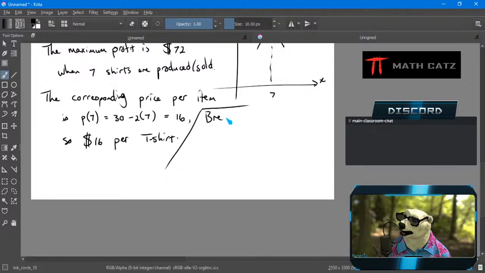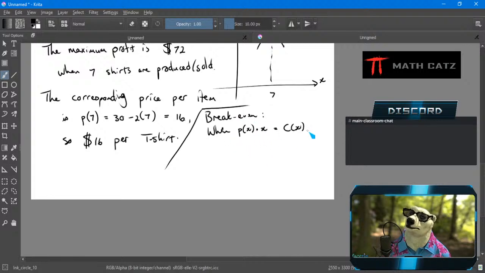So my break-even point is when my revenue, which is little p times x, equals my cost.